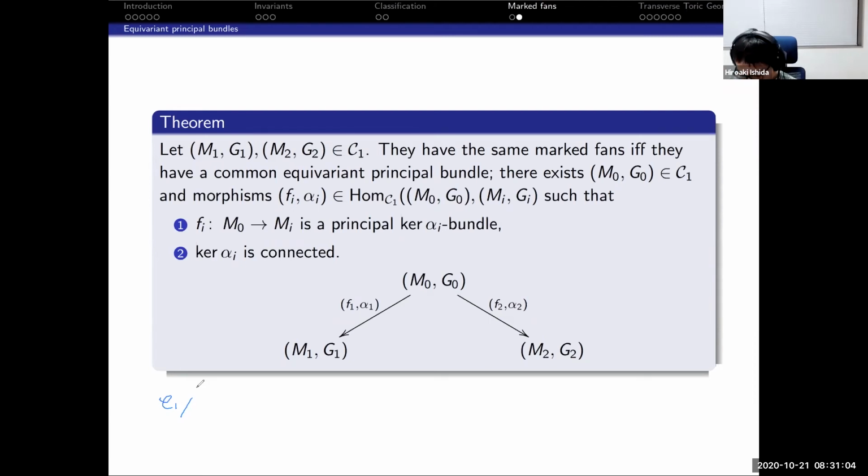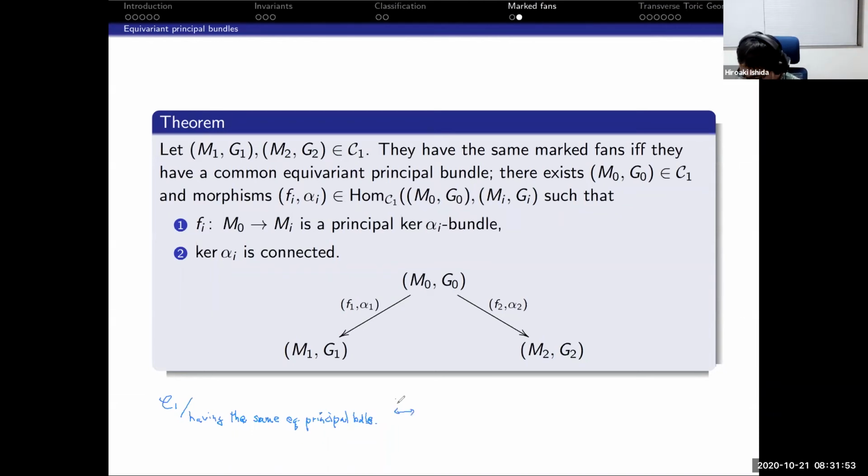One class consists of complex manifolds with maximal torus actions up to having the same equivariant relation, equivalence relation.